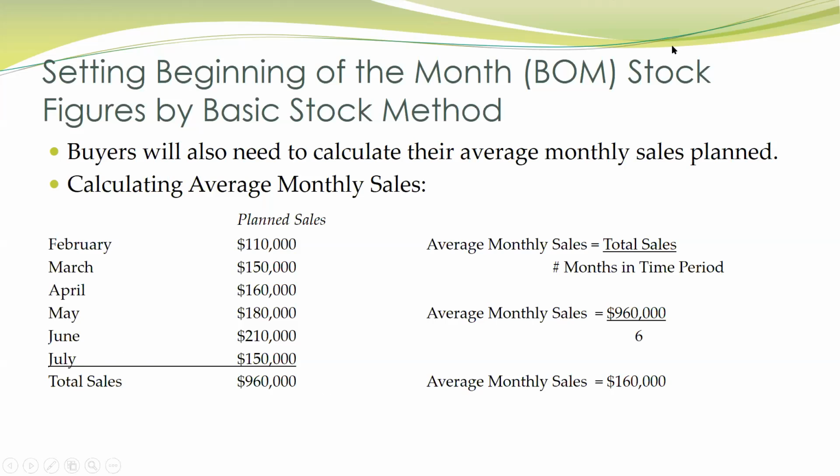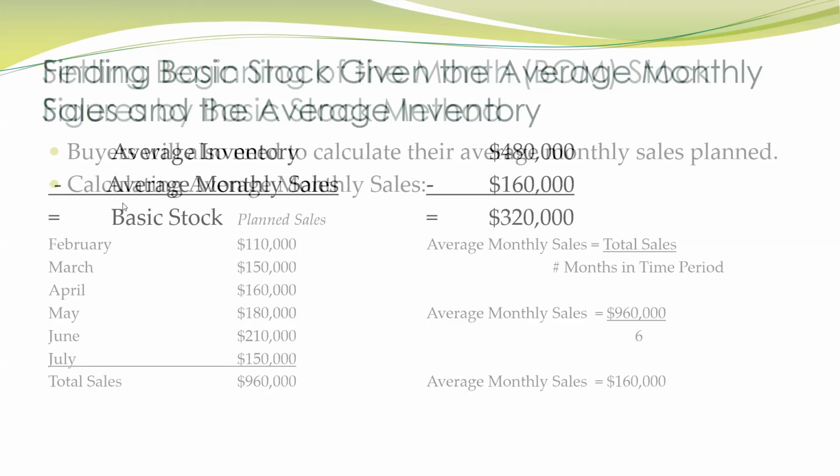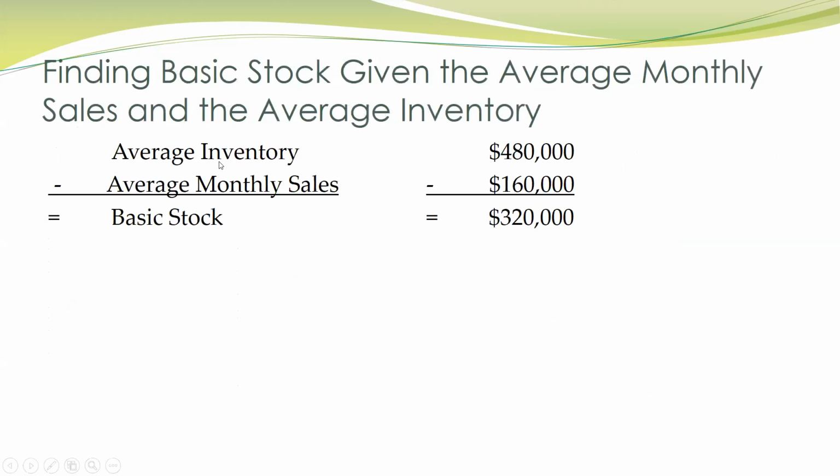Everybody okay? I'm going to check the chat if you have any questions. Once you calculate your average monthly sales, the third step is calculating your basic stock, which is average stock minus the average monthly sales.